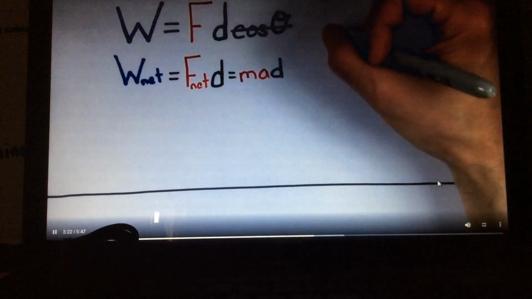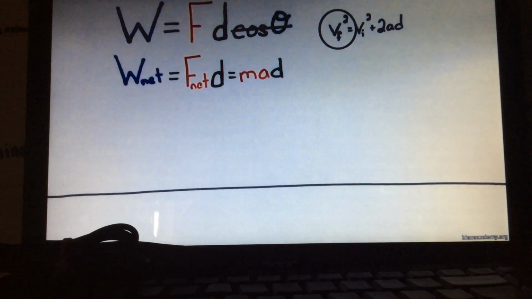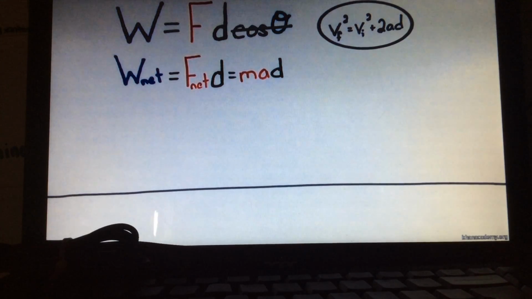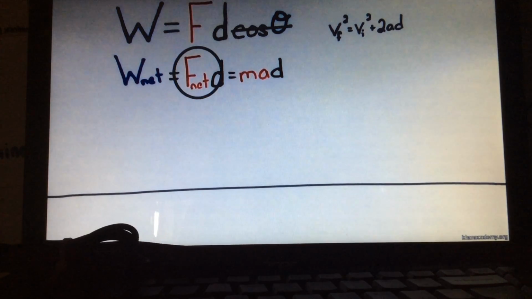So I'm going to ask that you recall a 1D kinematics equation that looked like this. The final velocity squared equals the initial velocity squared plus 2 times the acceleration times the displacement. In order to use this kinematic formula, we've got to assume that the acceleration is constant, which means we're assuming that the net force on this object is constant.